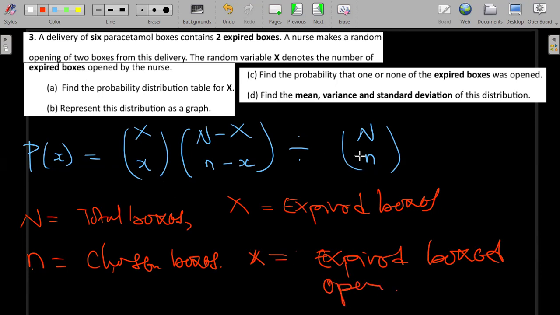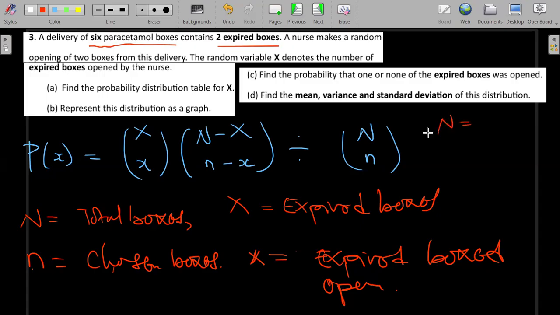So we're going to be using this formula to find the probability. Remember, they said we find the probability distribution table for X. In this pack of 6 paracetamol boxes, they're saying 2 are expired. So let's get the data.